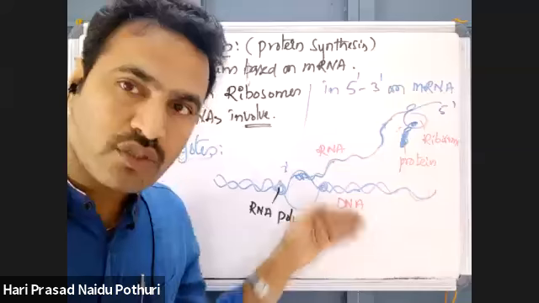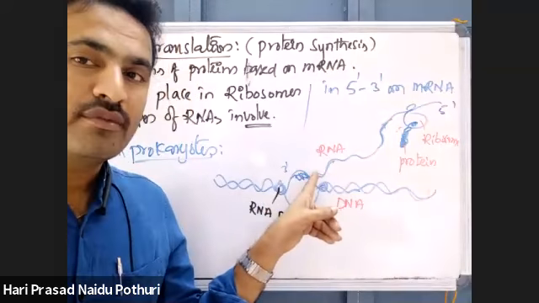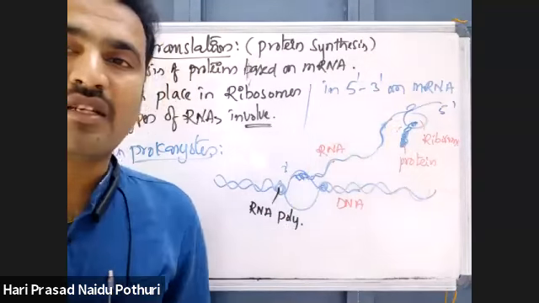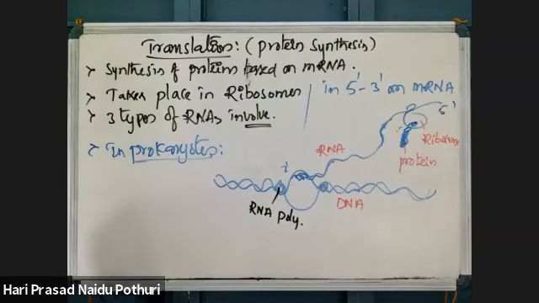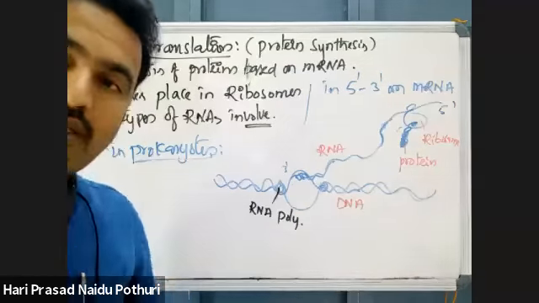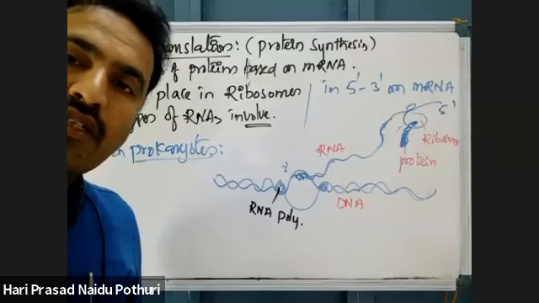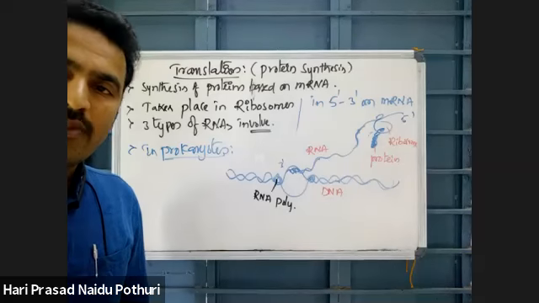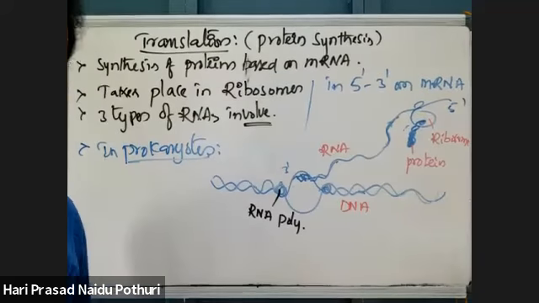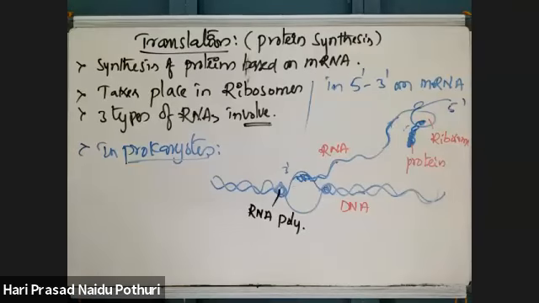So in prokaryotes, before the end of the transcription, translation will begin. But in eukaryotes, there is a definite double membrane present around the nucleus.